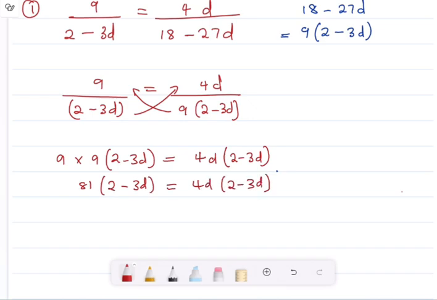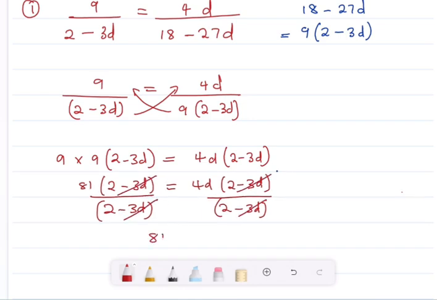3d. I don't know if there's something that you are probably seeing here. I hope there's something that you can see. Sometimes you have to find easier ways of solving these equations. You can divide both sides before you expand. Sometimes it's not always the case of expanding. Okay, so divide both sides by 2 minus 3d. So that this guy goes and this guy goes, this one goes and that goes.